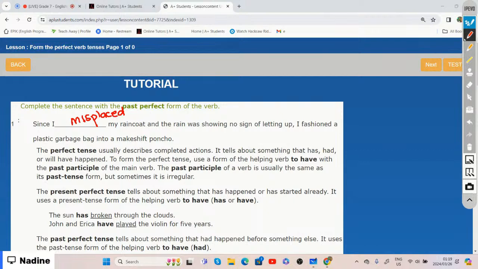What is the helping verb that we can use to show the past perfect tense that we will put in front of this word misplaced?